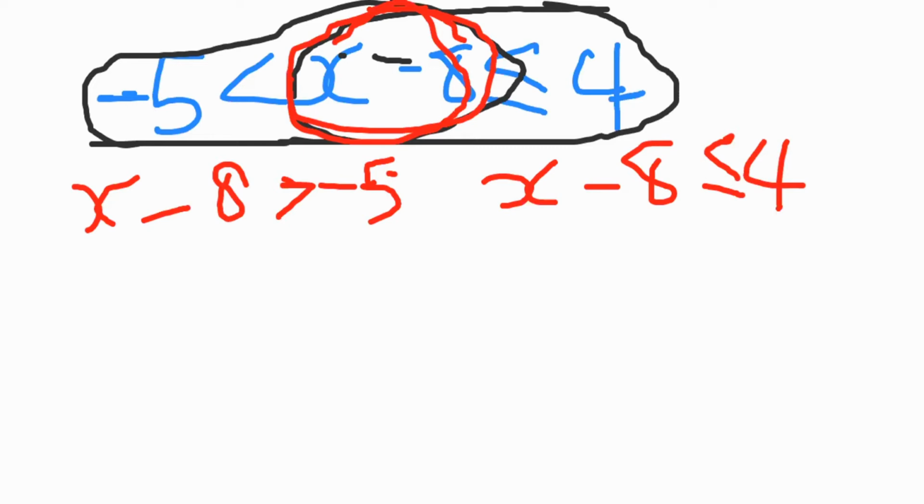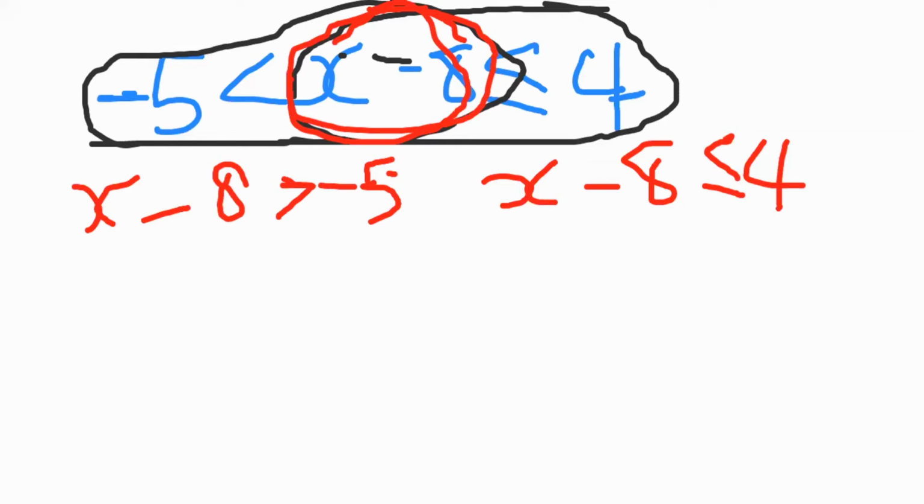So it's pointing towards the x minus 8. You see that? Look at the sign. The arrow is pointing to the -5. The arrow here is pointing to the 4.